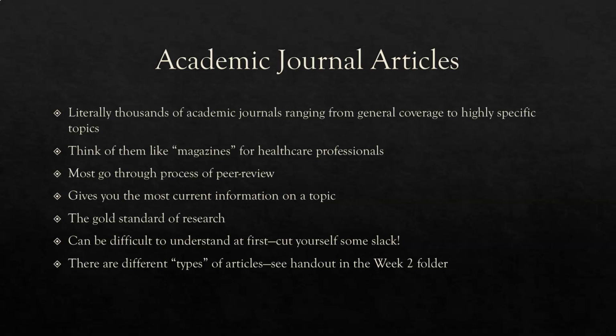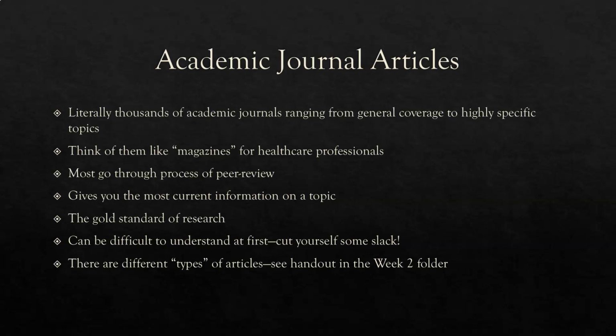So they come out every so often. Some of them come out every month, some of them come out every 3 months, some only come out twice a year. It depends on which one you're looking at. But they publish these journals, these issues, in order to give people information. And like I said, some of them are very general.